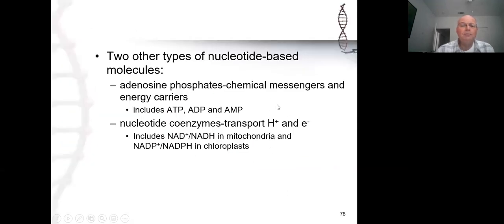Then there are special roles for nucleotides in terms of energy. So we'll talk more about ATP and ADP when we talk about energy manipulation in chapter 8 and cell respiration and photosynthesis in chapters 9 and 10.